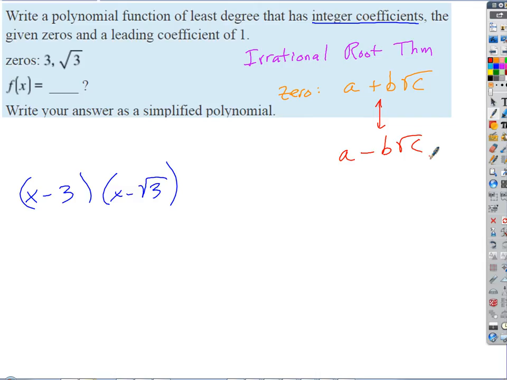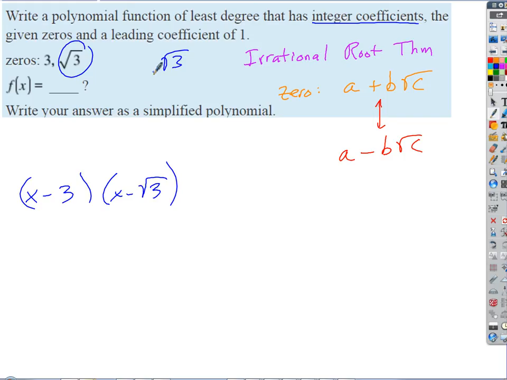So instead of the plus sign, we're going to put a minus sign in, right? So let's look at our situation up here. We have a square root of 3, right? So what are the values of a, b, and c for this zero? It has a square root in it, so it has to match this. What's the coefficient? Because b is just the coefficient of the radical.